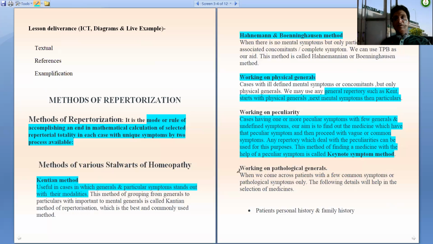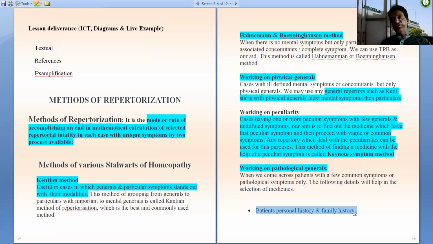Then we can also work case on the pathological general. So this is another method where case is worked on pathological generals. When we come across patient with few common symptoms and pathological symptoms, then the following details help us in selection of the medicine. What is that?